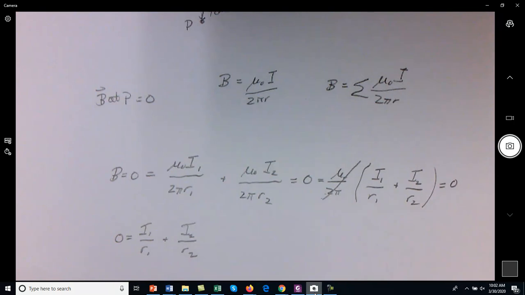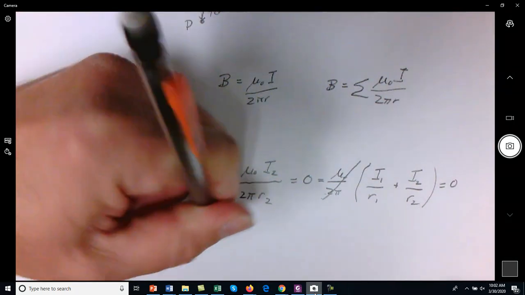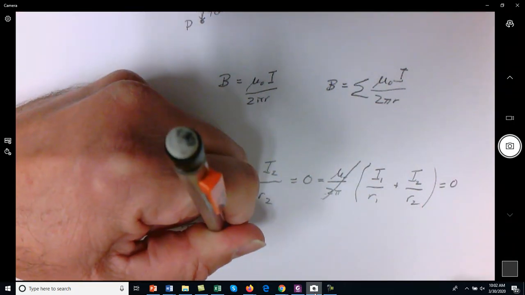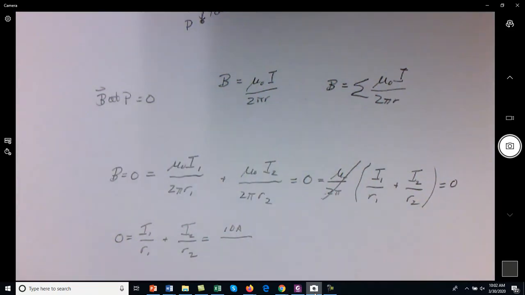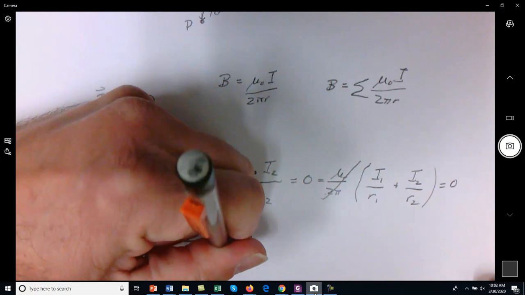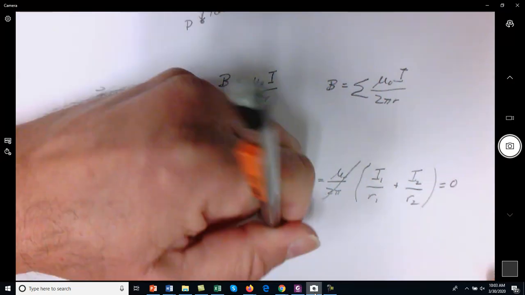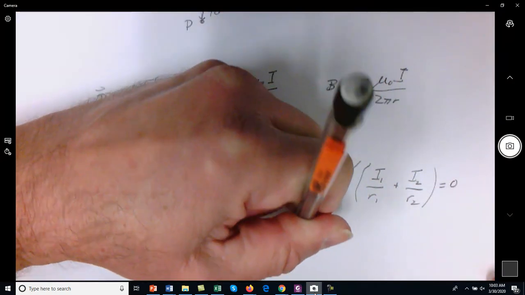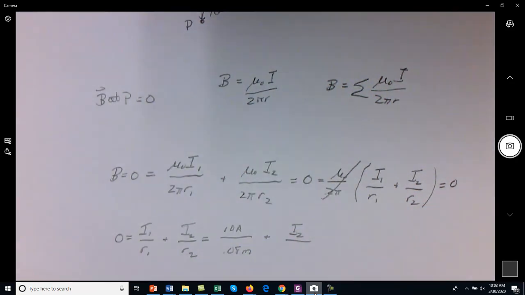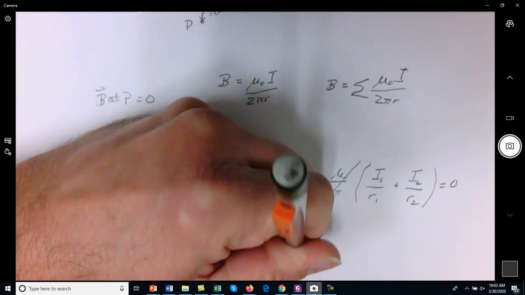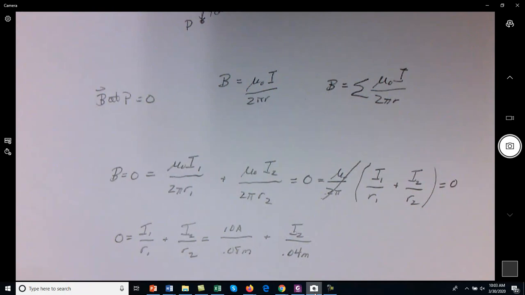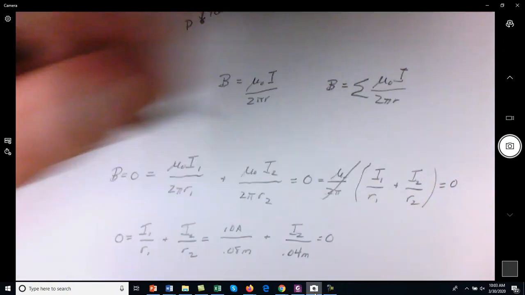So I just plug in my numbers. I know my current I1 is 10 amps, R1 is 8 centimeters, so that's 0.08 meters, plus I2, and R2 is 0.04 meters, that's just 4 centimeters. Then I can solve for I2, setting that equal to 0.